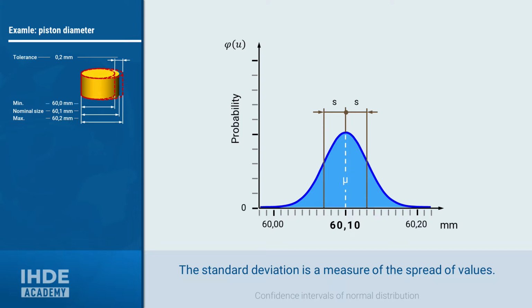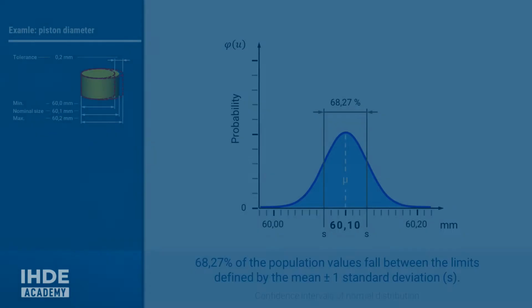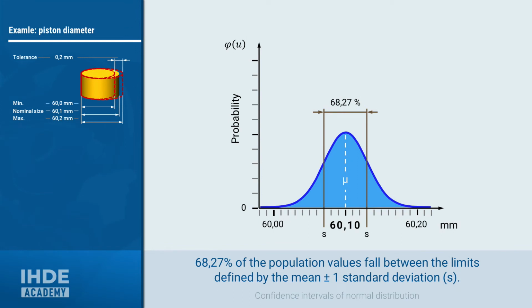Since this is only about the basic understanding, we will not go into the exact calculations any further. The answer is that approximately 68.27% of all values are within plus or minus one standard deviation.